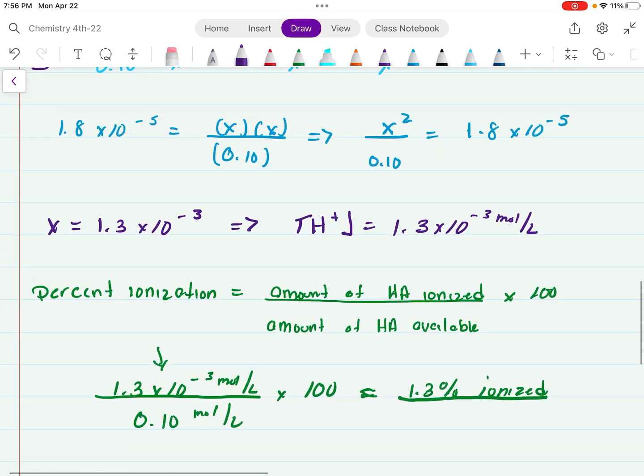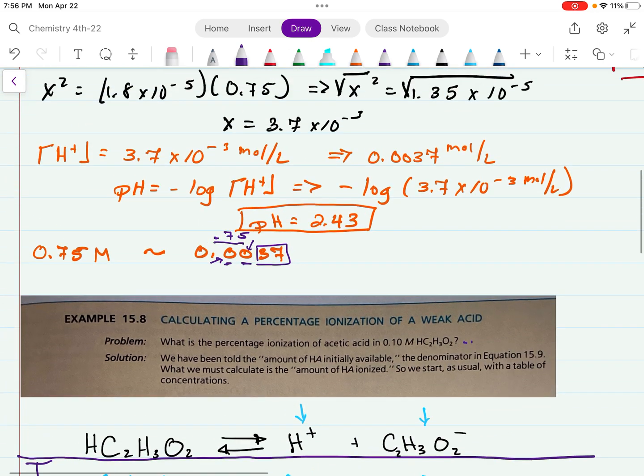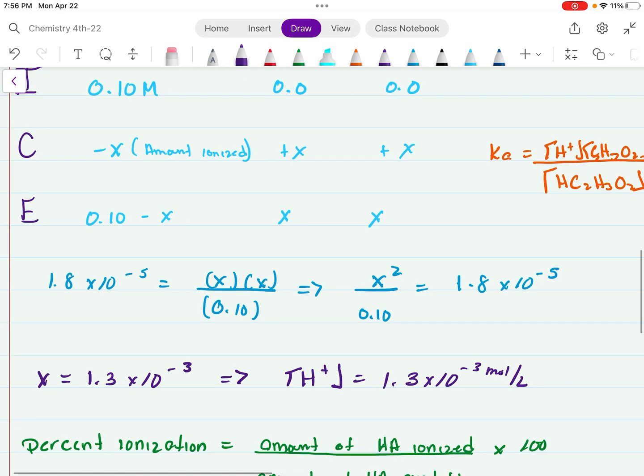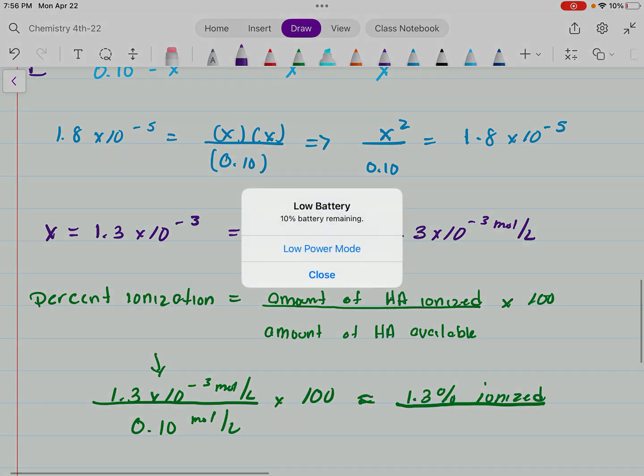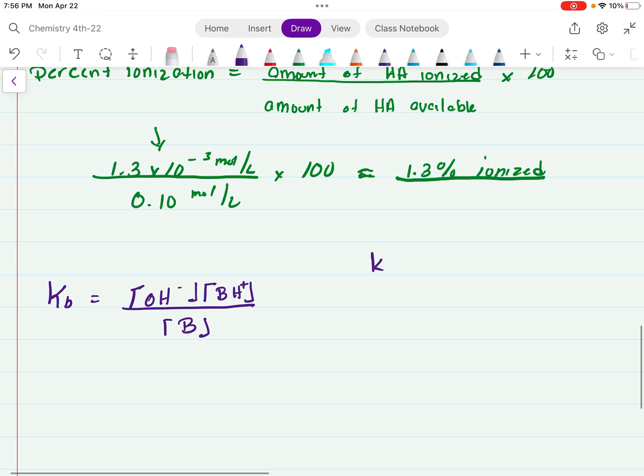Now let's take a look at these Ka values. Let's take a look at the first one, the Ka for acetic acid, which is the same one. Where is it? Here we go. 1.8 times 10 to the negative 5. Ka is equal to 1.8 times 10 to the negative 5.